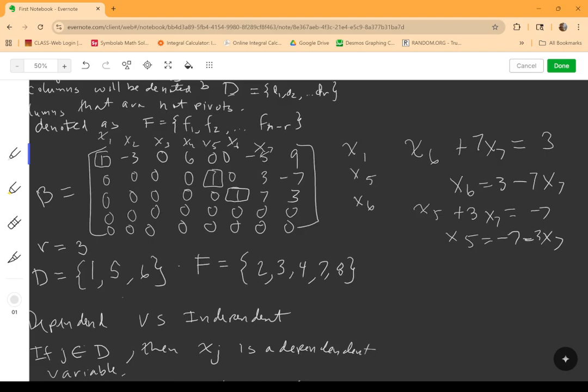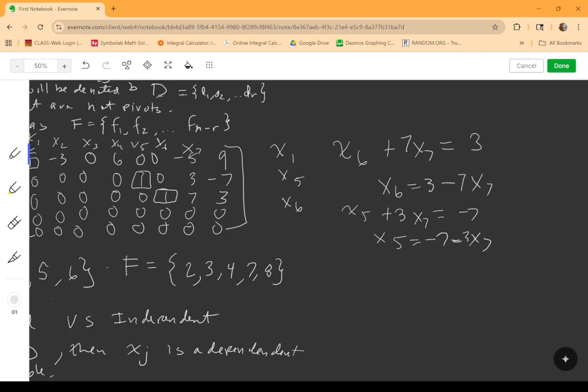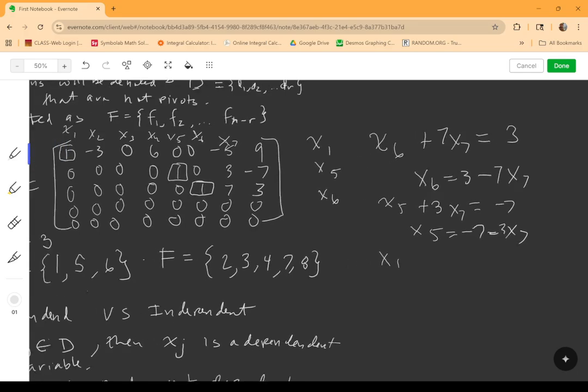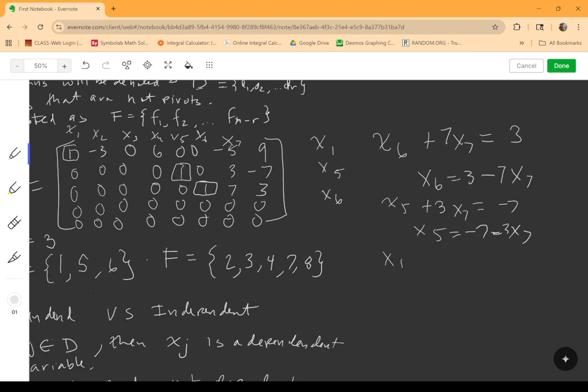And then lastly, our last dependent variable, we can write X1 minus 3X2 plus 6X4 minus 5X7 to be equal to 9.